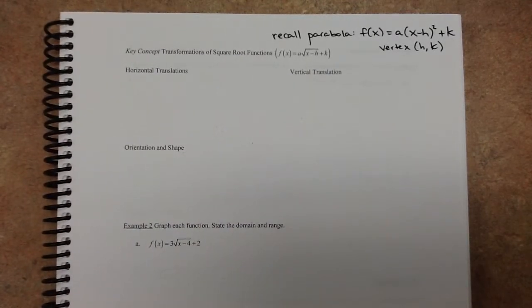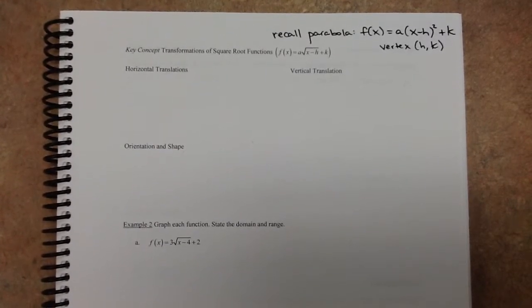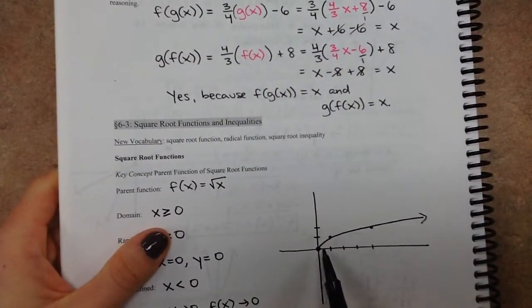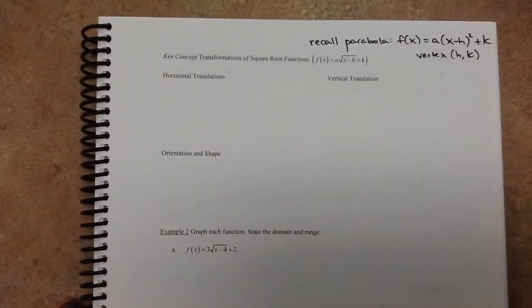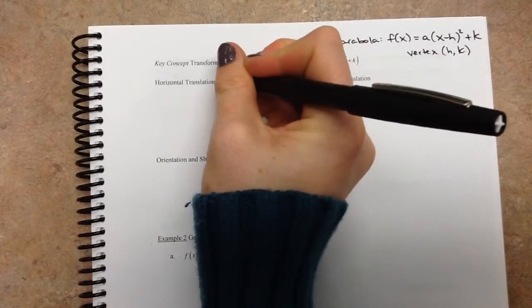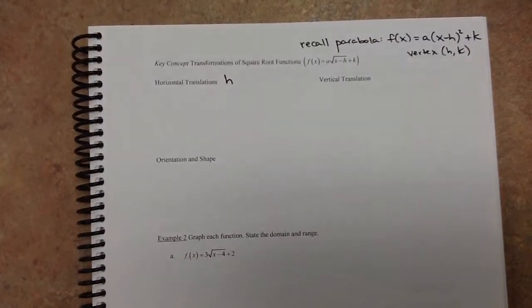We don't call it a vertex with a square root function, but we can just say that it's the starting point. All right, so like this would be your starting point, and then the graph goes from there. All right, so horizontal translation, left and right, all has to do with h. So whatever the value of h is, that'll tell you your translation.